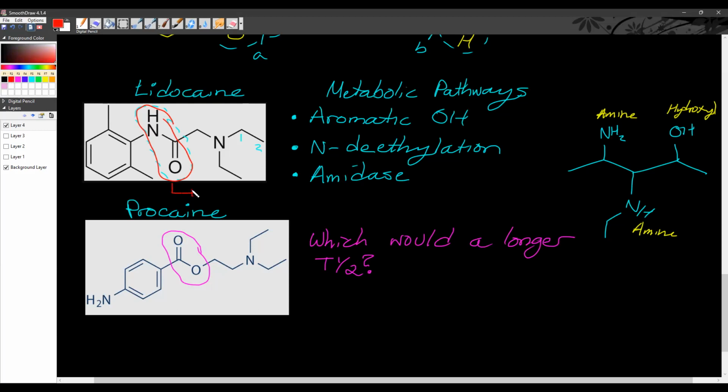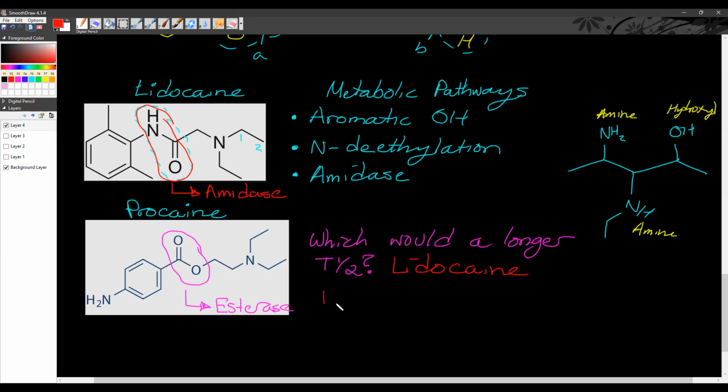Well, we know that lidocaine is going to go through amidase. And we learned earlier that procaine is going to go through esterase. So which is the faster reaction, amidase or esterase? Esterase is faster, so that means lidocaine must be longer. So how do we arrive here?